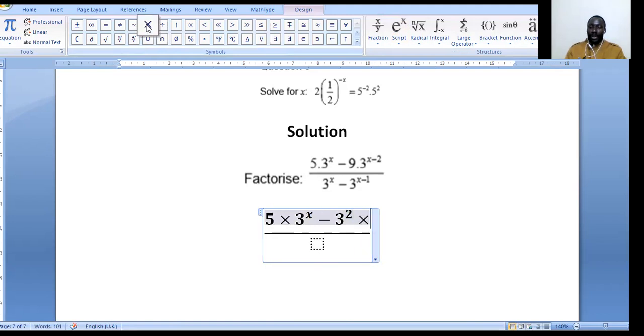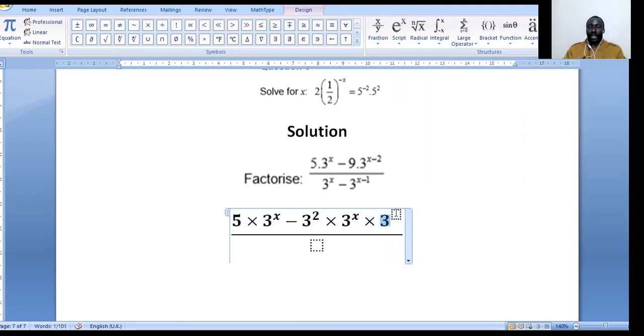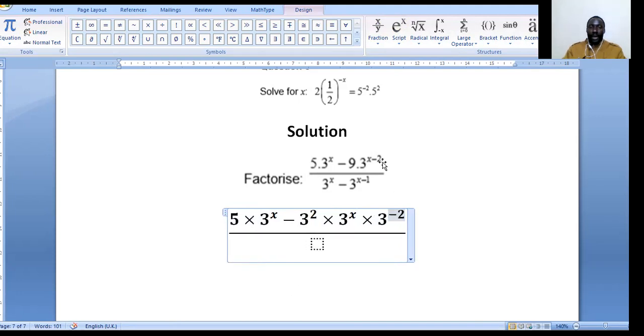Then we use it to multiply 3 exponent x, which is this one here. Then we again have to multiply this with 3 exponent negative 2, which is this one here. So we have now separated this.